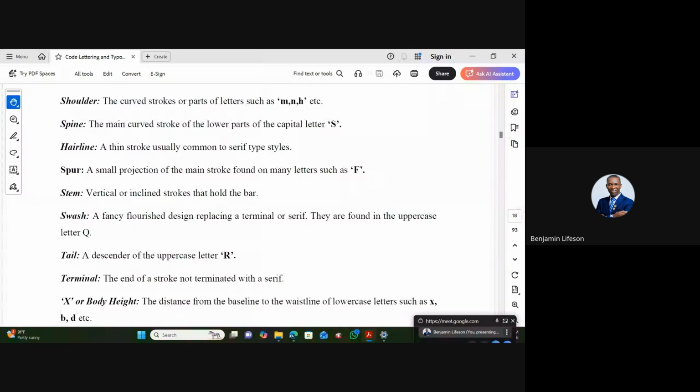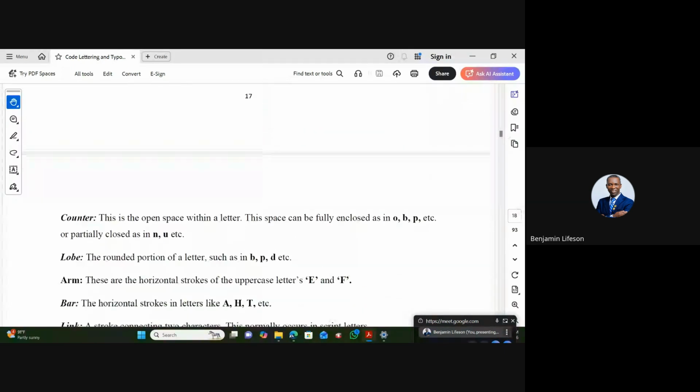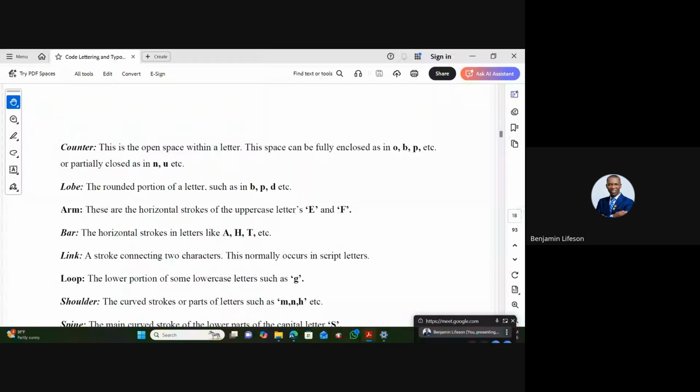Then we now move to the next one, which is counter. Counter simply means an enclosed space. It is an open space within a letter. This space can be fully enclosed.